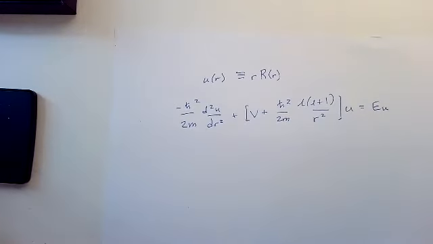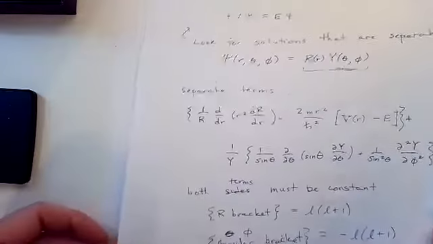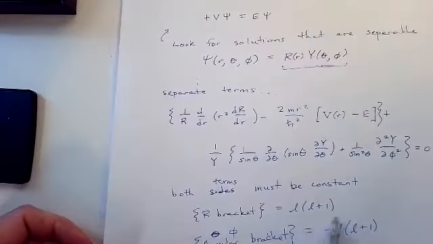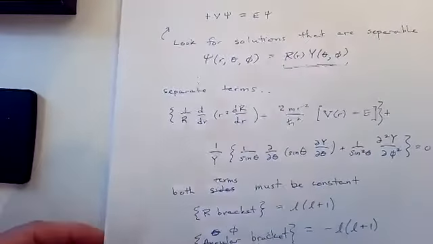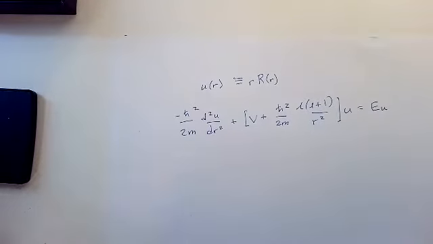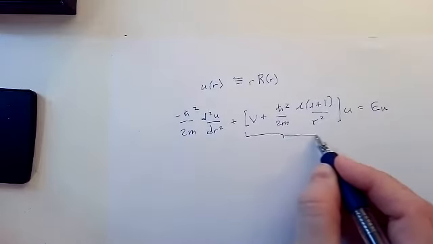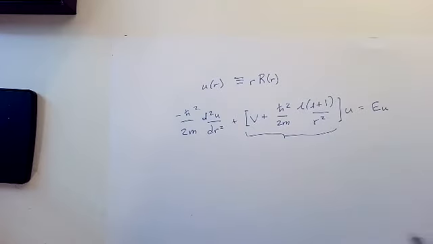But that is just coming from this information in the brackets being set equal to L times L plus 1. All right, so that Schrodinger wave equation, then, we are going to do a little work. But first, I want to label this thing that's in this set of brackets.